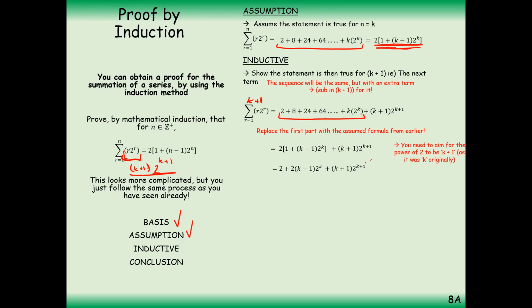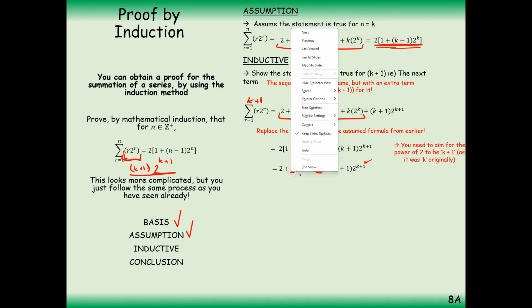Now, instead of expanding and rewriting this term here, we look and we say we have 2 to the power of k, and we have another 2 there.